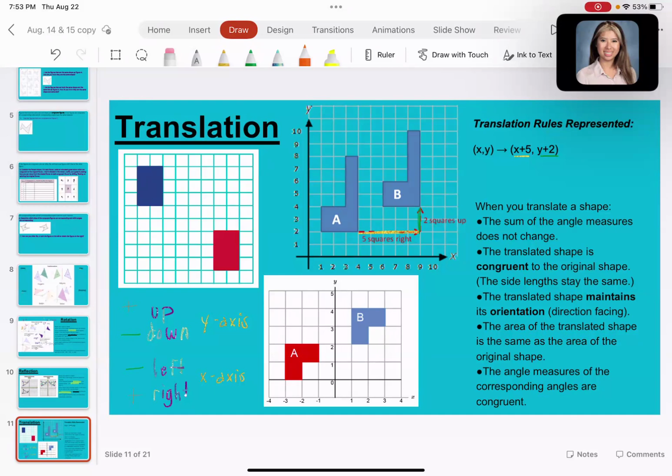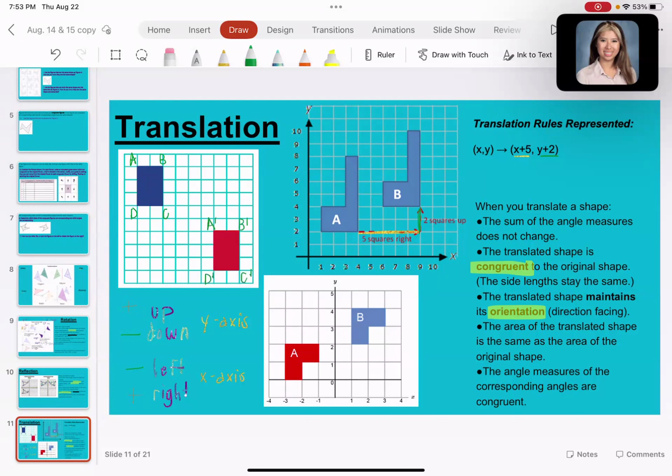So the sum of the angle measures does not change. The translated shape is congruent. So same shape, size, angle. The side lengths stay the same. The translated shape does maintain its orientation. The orientation stays the same. So the way that I can show that is if I label this blue triangle, let's say A, B, C, D. Even when it's translated, this becomes A prime, B prime, C prime, D prime.